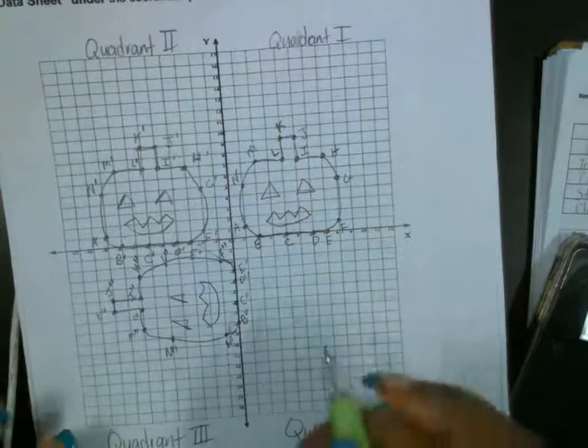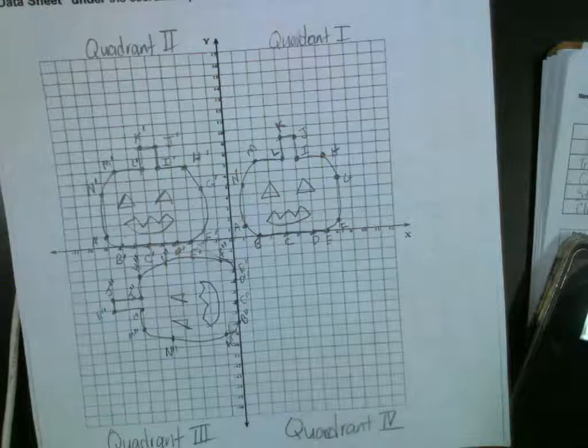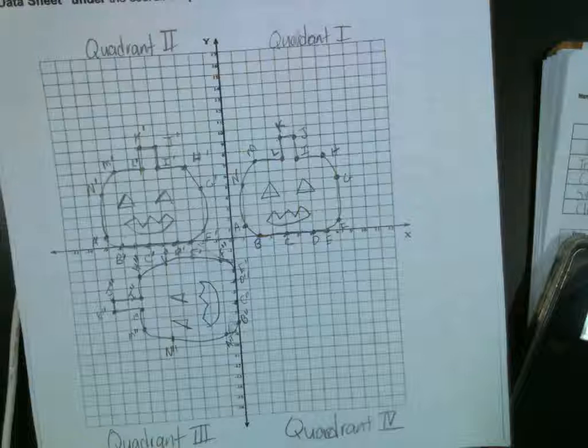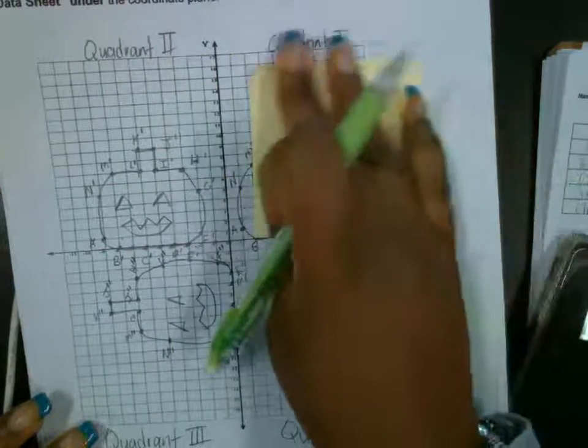So you're going to flip this over here. All right. So let's watch. We're going to write this down. Take a piece of scrap paper and write down these ordered pairs so you can just copy them, okay?